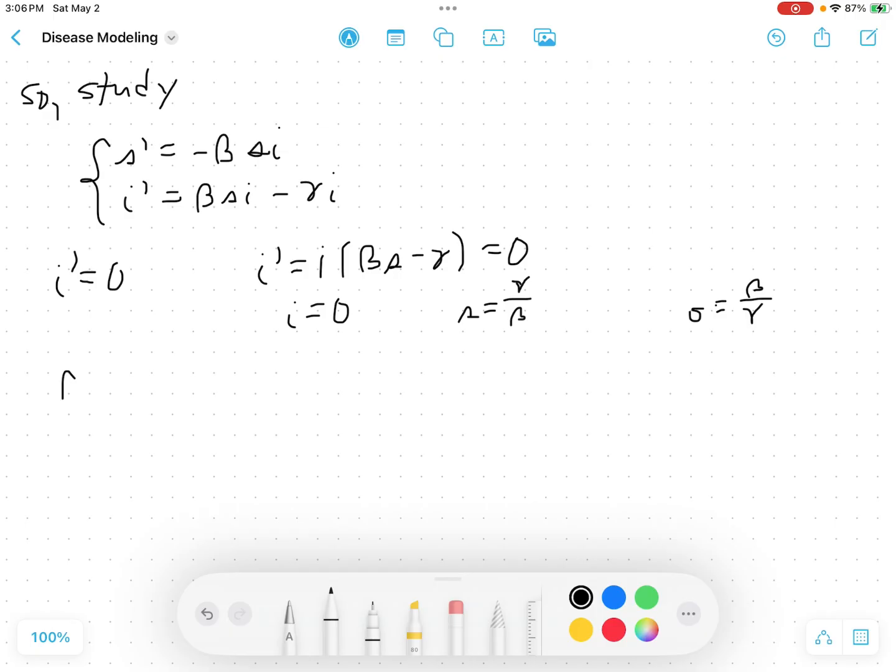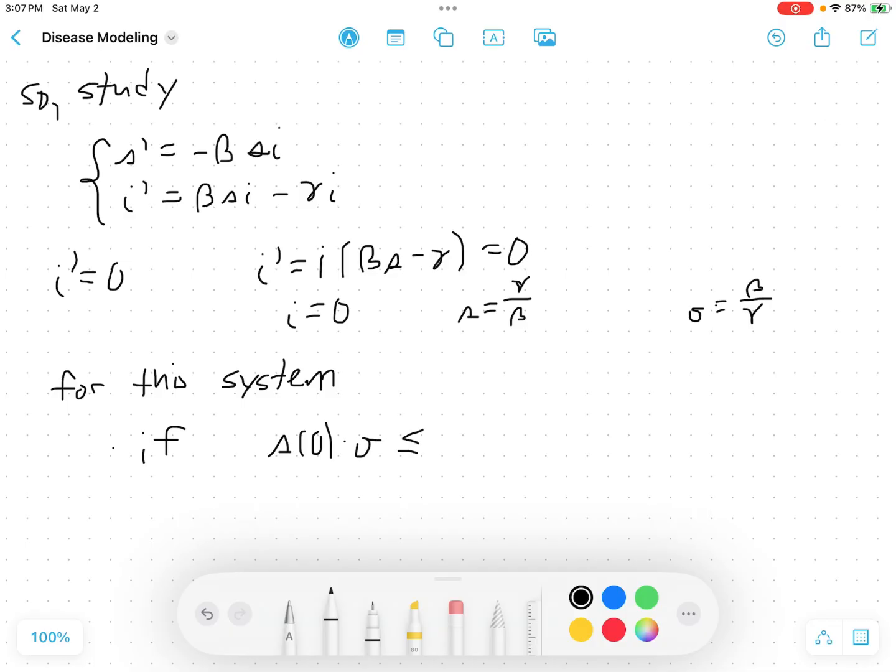For this system, if we look at S sub 0, so like the initial number of susceptible individuals, I'll just write that as S sub 0 so that it's clear, times this sigma.